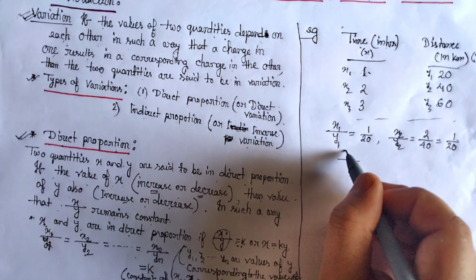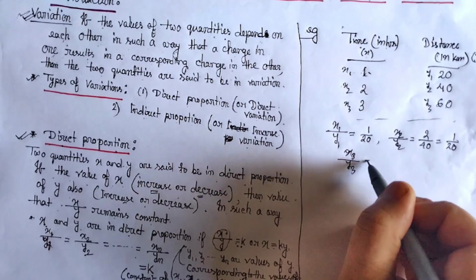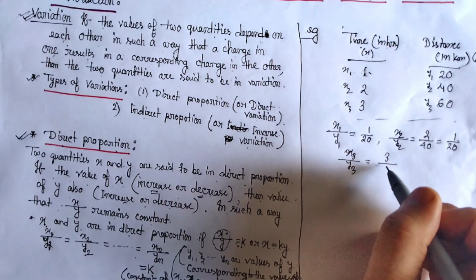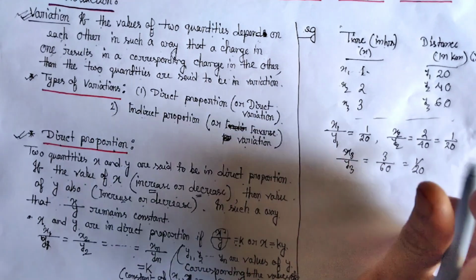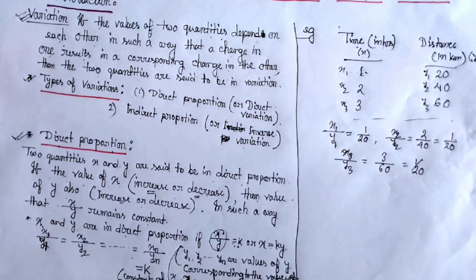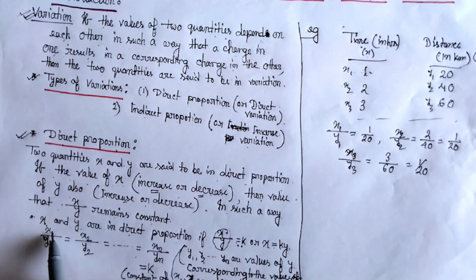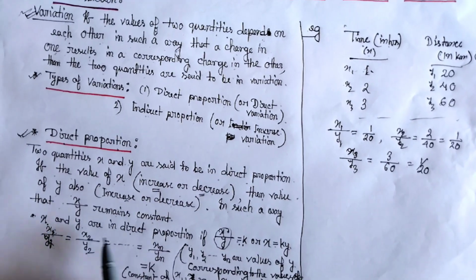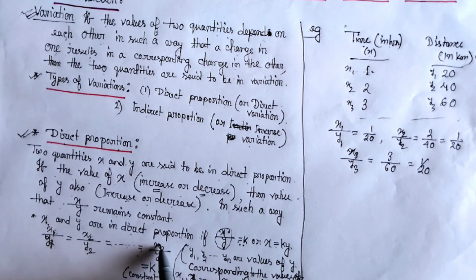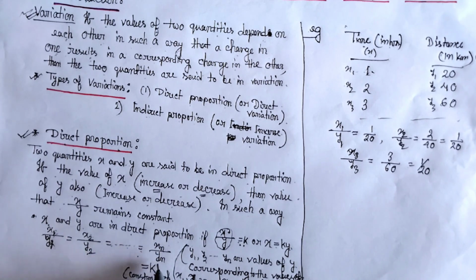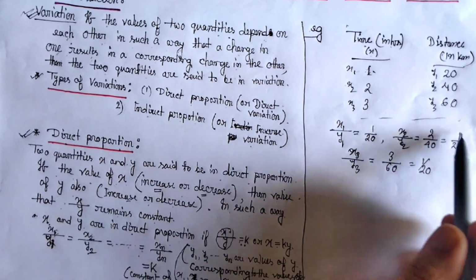Again x3 upon y3 equals 3 upon 60, so also 1 divided by 20. So here the ratios are the same. That means x1 by y1 equals x2 by y2 equals and so on up to xn upon yn equals k also. That means their ratios will be the same.